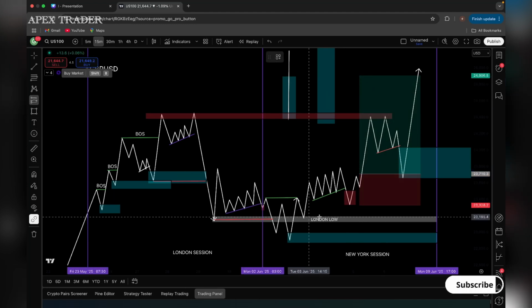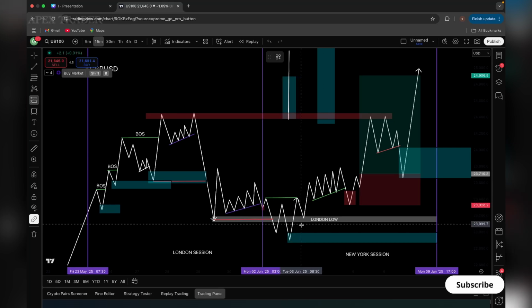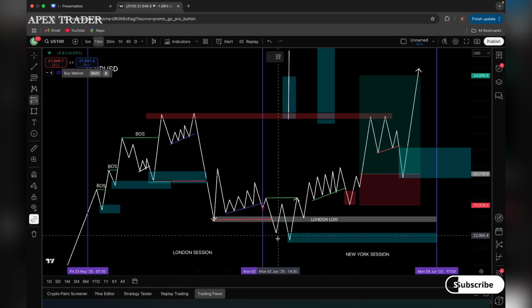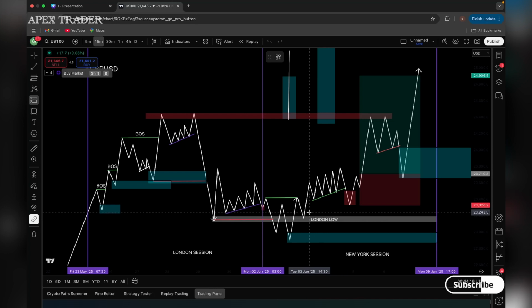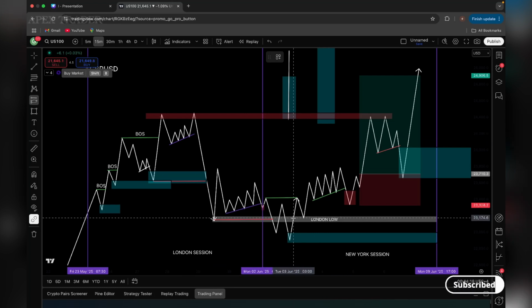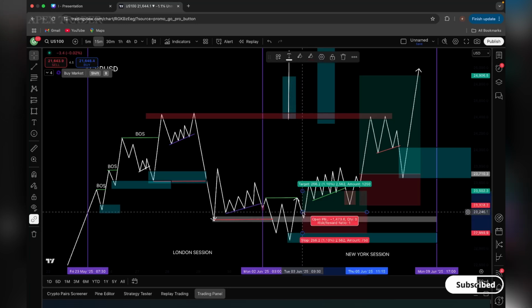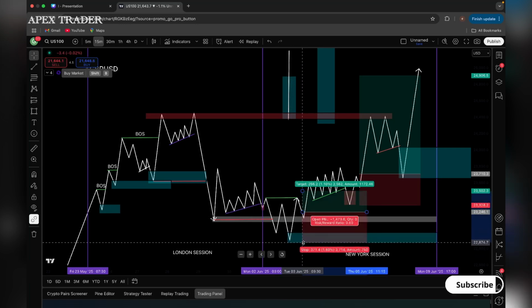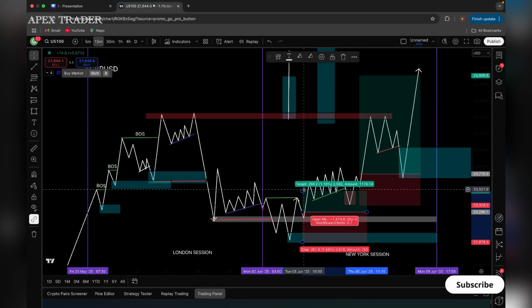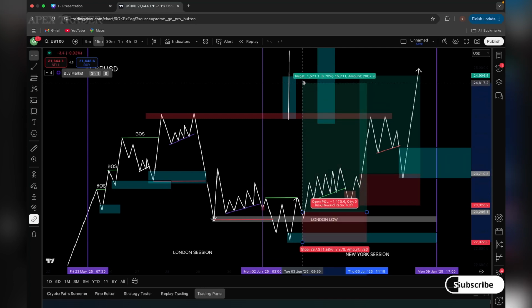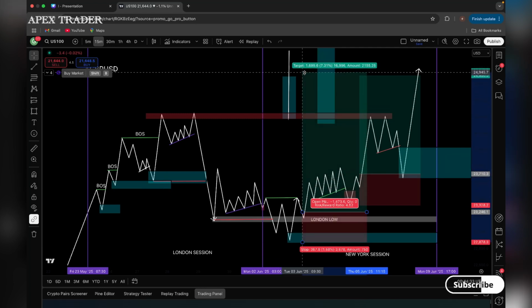Or if someone would enter in this W, not in the W, but after the sweep of the London low happened, all sellers got trapped out of the market. Buyers also got trapped. You enter in the correct zone with a stop loss of this, you will easily get 1:2, 4 or 5.